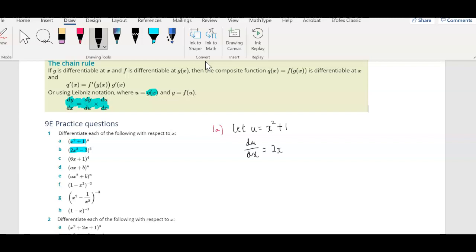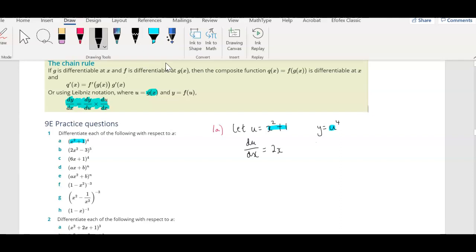Now, our function, let's think of it as y equals u. Remember, I let u equal x squared plus 1. So it's y equals u to the power of 4. So instead of having, let me just unhighlight that so you can see. So instead of writing x squared plus 1, because I let u equal x squared plus 1, I can rewrite my expression as y equals u to the power of 4. All right, so what I've highlighted in blue, it's the same thing.